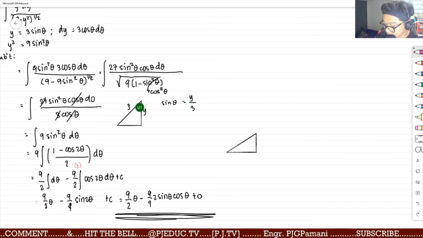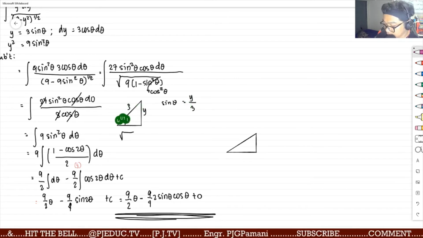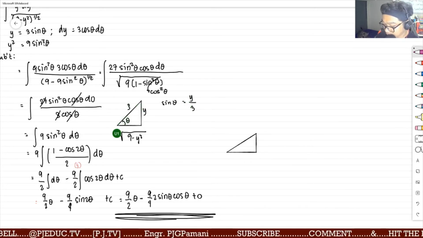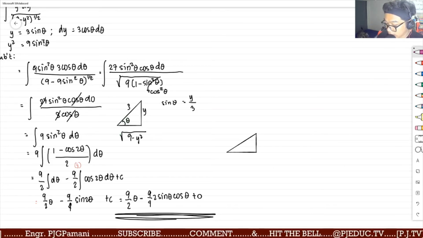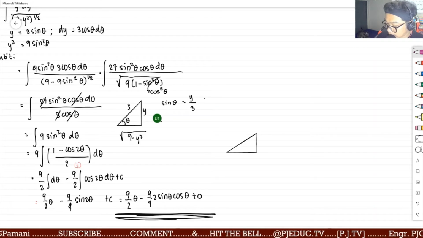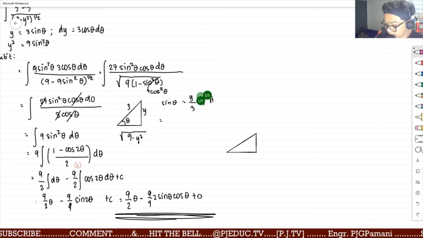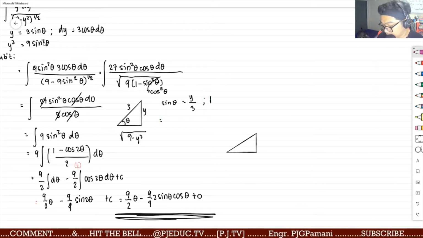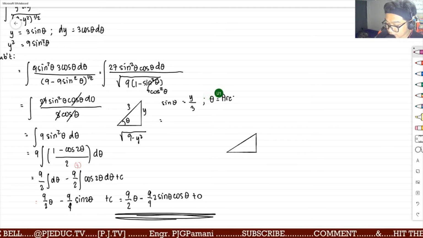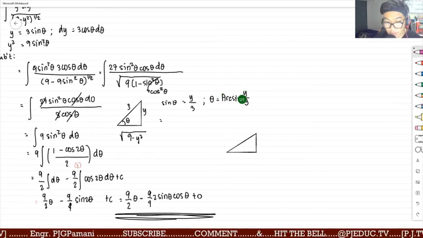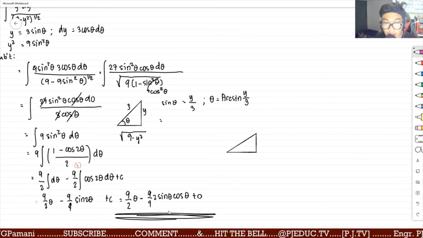Opposite over hypotenuse. The adjacent is square root of 9 minus y squared. Parang yung last time din. Problem kanina. Or, theta is simply arc sine y over 3. Substitute natin dito. Ganun lang.